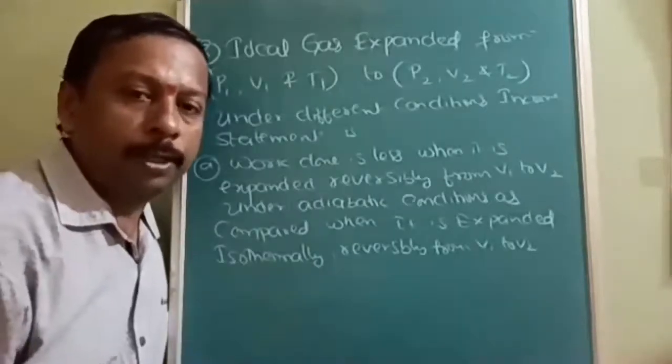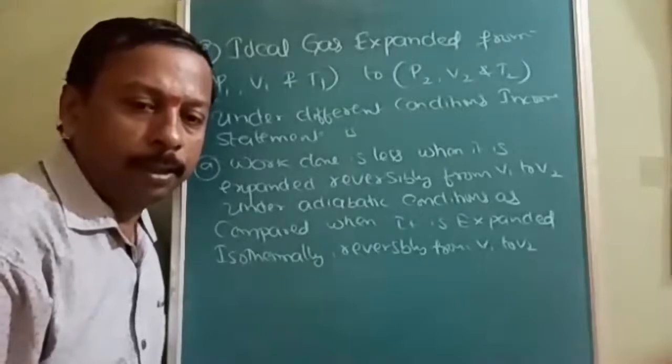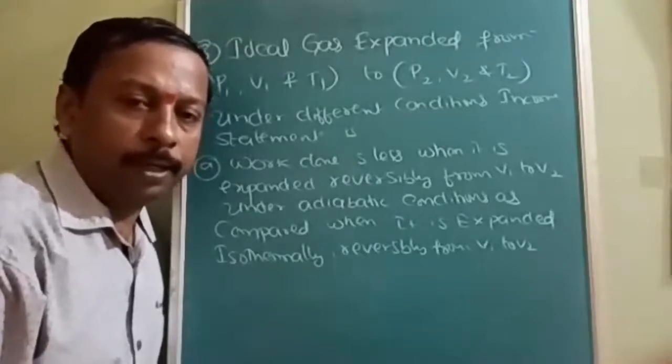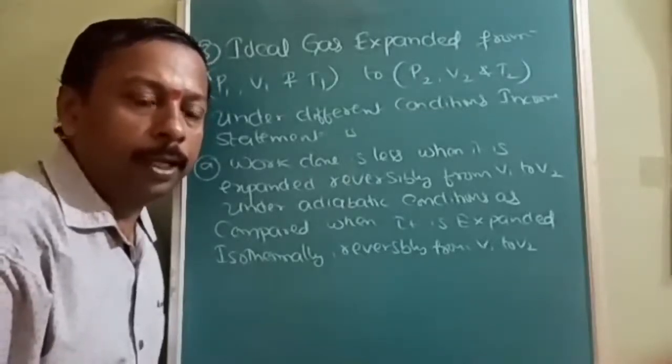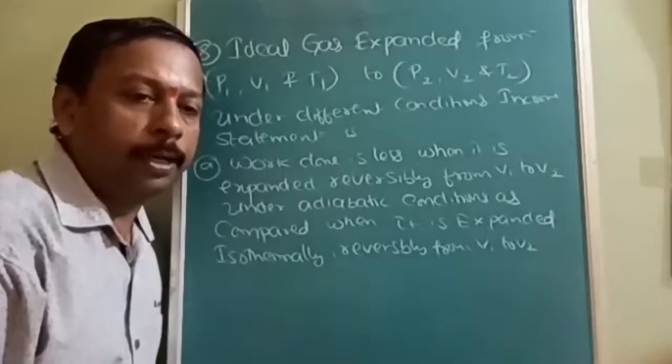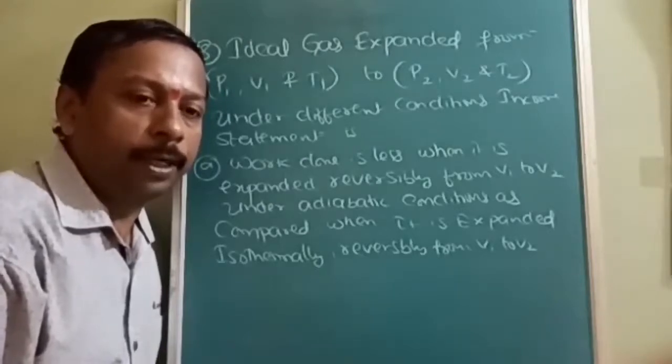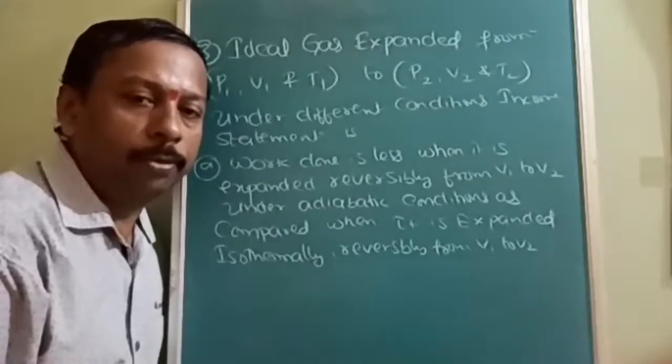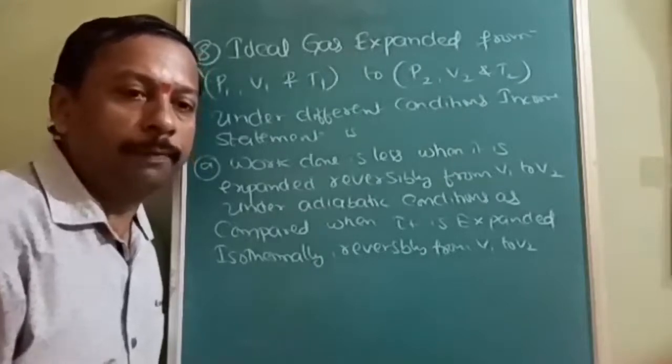Okay. Next question is from thermodynamics. Here we have to calculate work done. An ideal gas is expanded from P1, V1 and T1 to P2, V2 and T2 under different conditions.